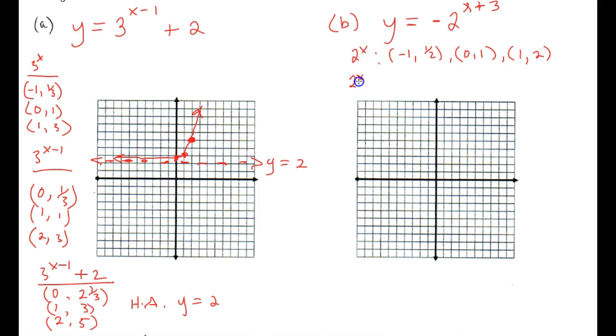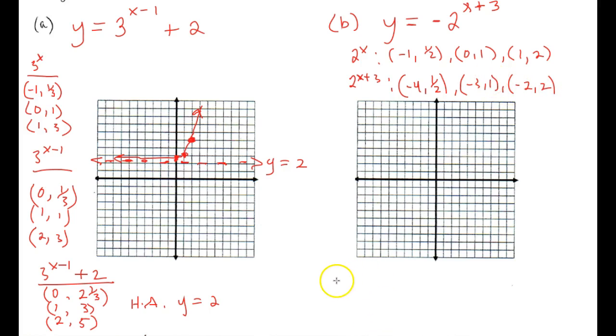For negative 2 raised to the x plus 3, we know that what's happening now is we have a horizontal shift to the left 3 units. So that means we are going to subtract 3 from all of our x values, keep all of our y values the same. So -1 minus 3 is -4. 0 minus 3 is -3. And 1 minus 3 is -2.